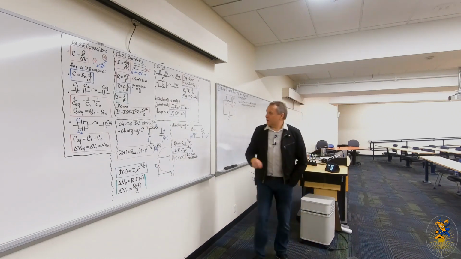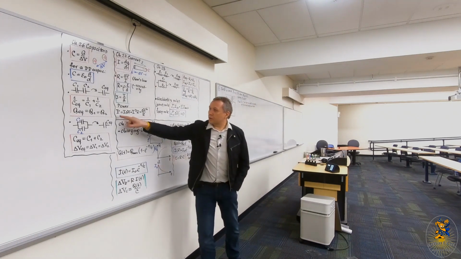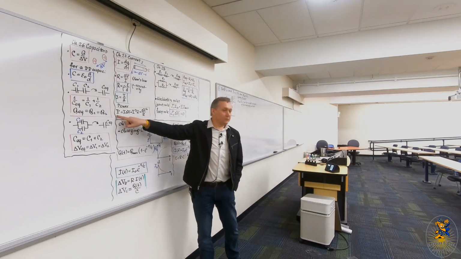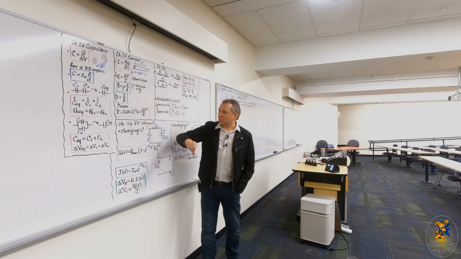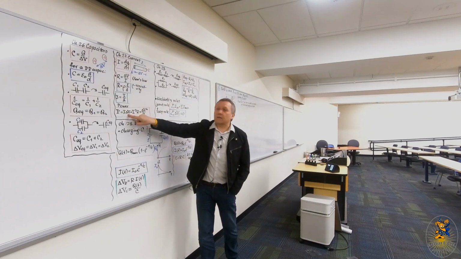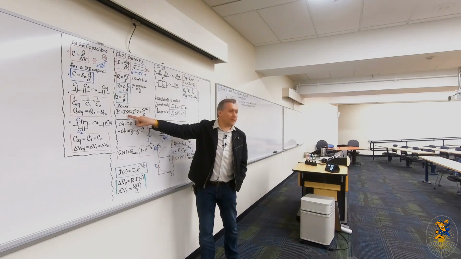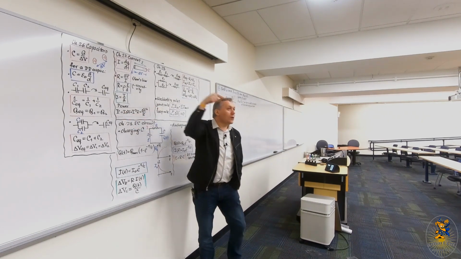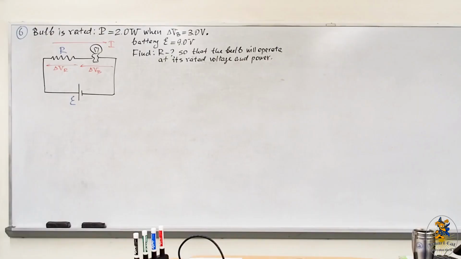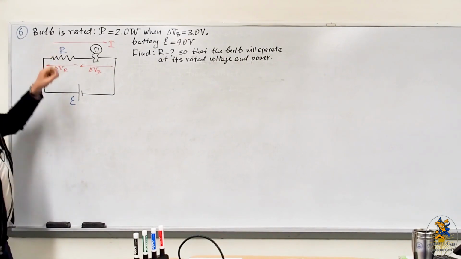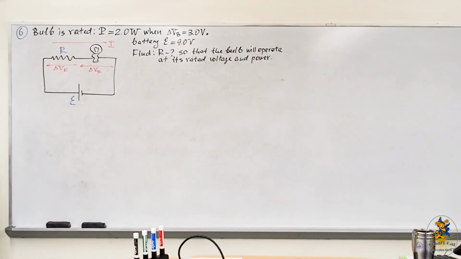Delta V, we know. Power, we know. We should be able to find the current flowing through the bulb, right? And we can find that current, and of course, that current will also be flowing through our unknown resistor.